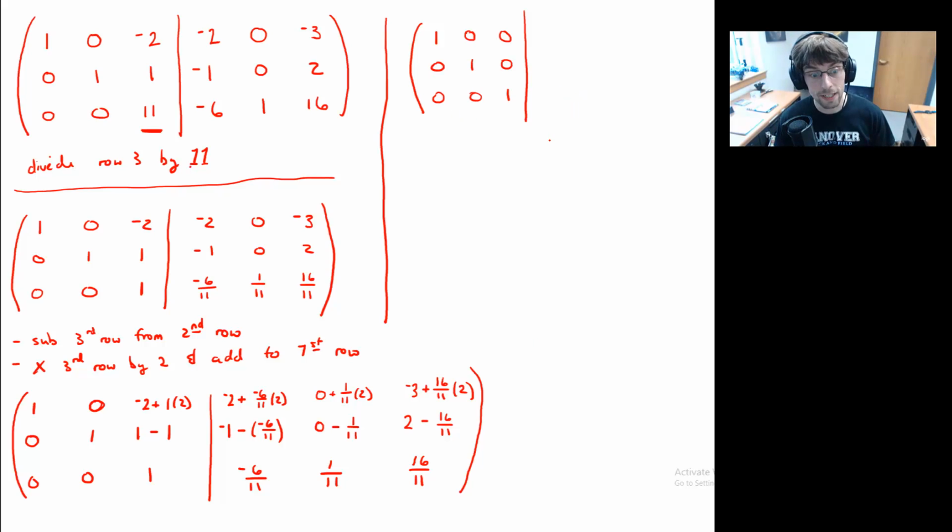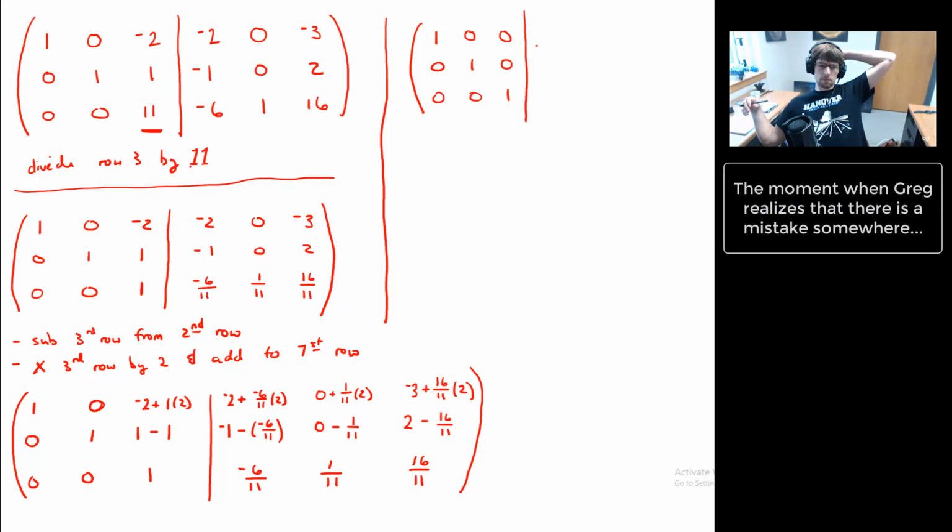On the right-hand side, let's go ahead and simplify this. Negative 22 over 11 minus another 12. So this is what? What am I thinking of here?